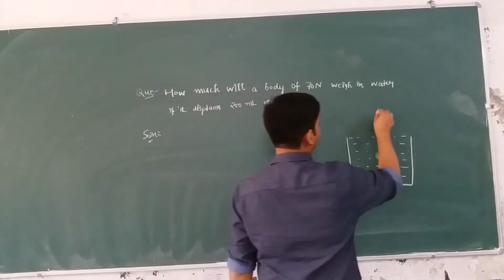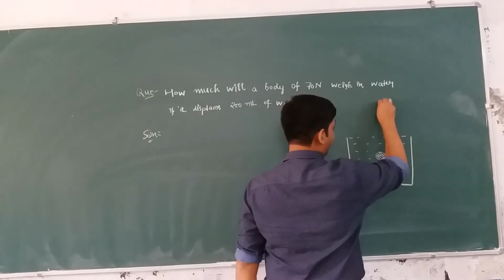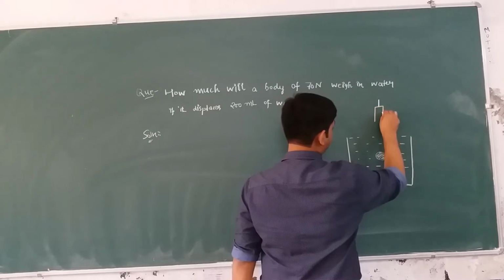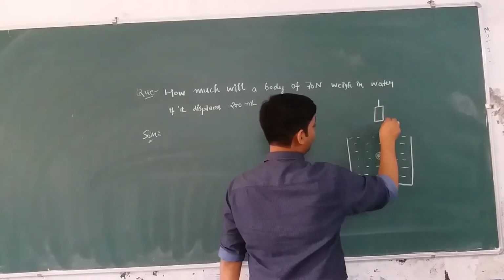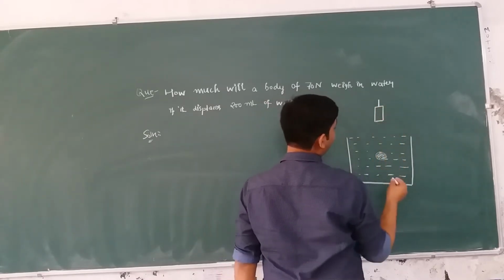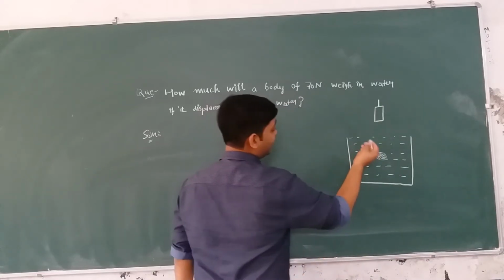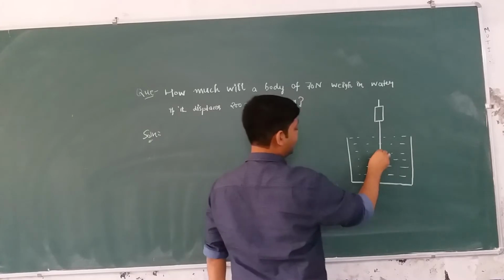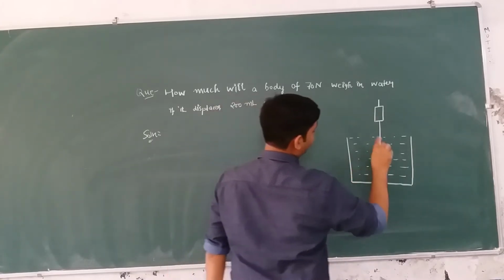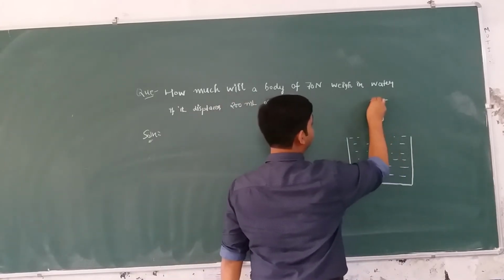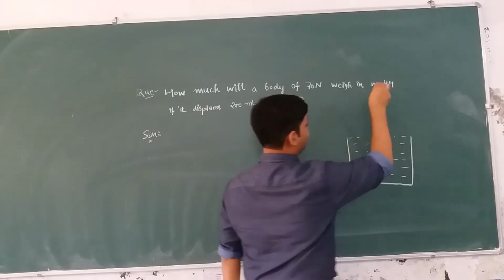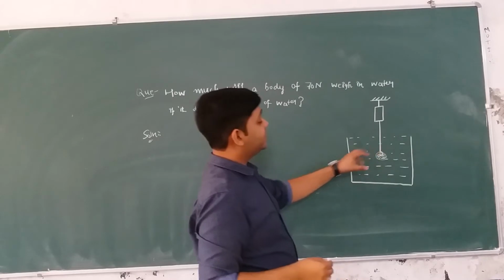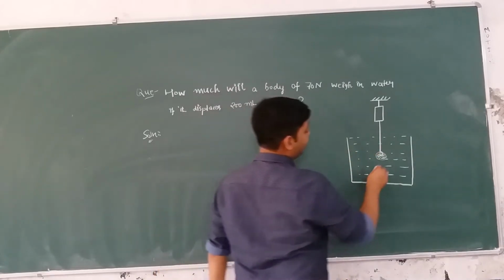So we used to hang it with the help of a spring balance like this. Here are the marks which are used to read the apparent weight, and there is one long string, and then there was a hook, and we used to hang the body on this, and this is connected like this.